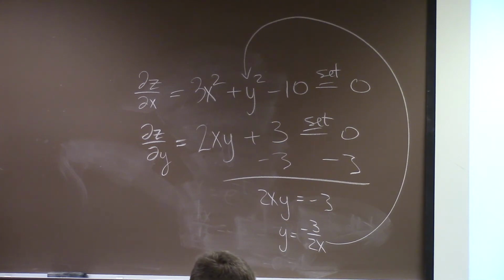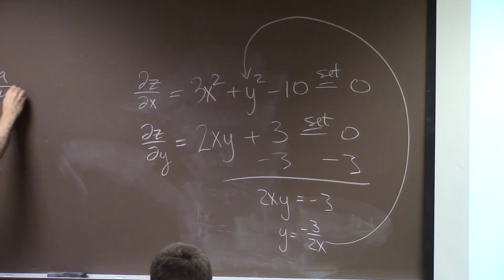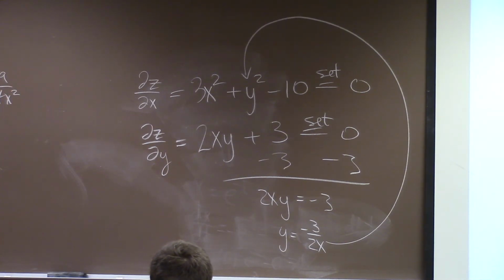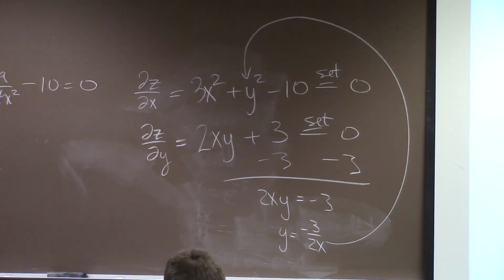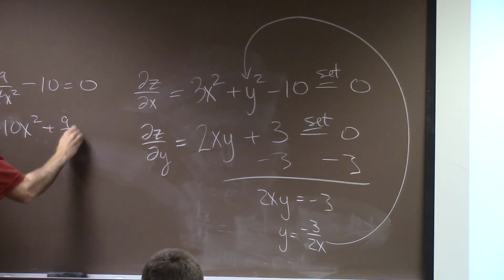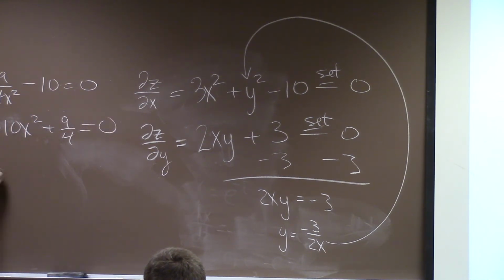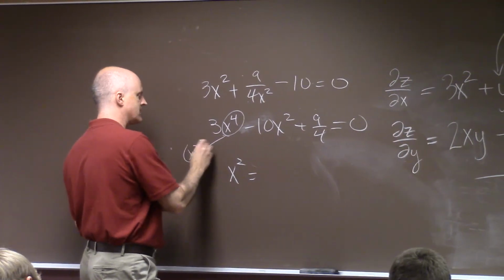Oh, we're probably going to end up with a fourth degree equation, although we might still be able to use the quadratic formula for it. 3x squared plus 9 over 4x squared, when I square negative 3 over 2x, minus 10 equals 0. Multiply everything by x squared to get 3x to the fourth minus 10x squared plus 9 fourths. You can use the quadratic formula to solve for x squared here because this is a quadratic in x squared. x to the fourth is x squared squared.